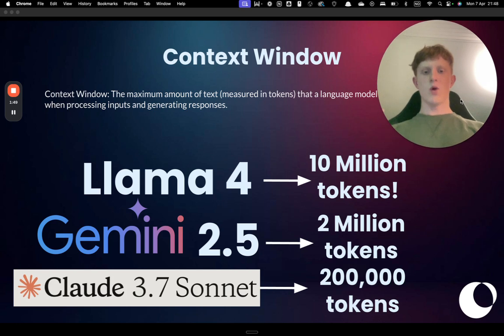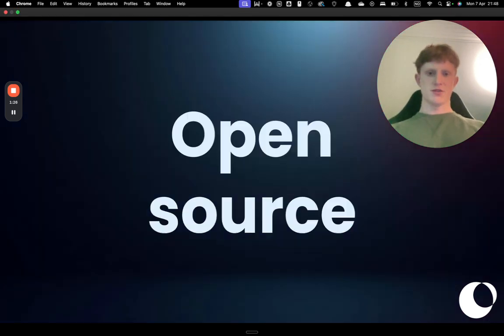But that's where Llama 4 steps in with its 10 million tokens. This is absolutely huge for us AI programmers and developers, because it really gives us the opportunity to step up our AI programming skills.